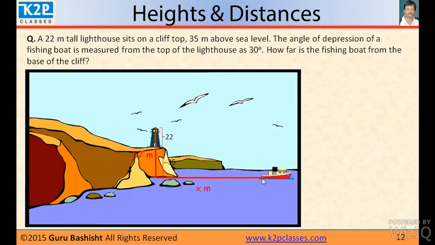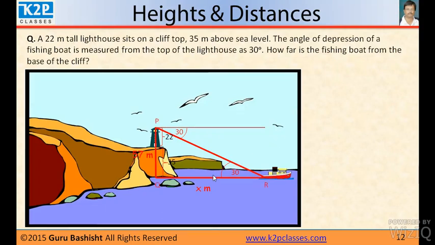Suppose this is x, and the angle of depression is given as 30 degrees. So the angle of elevation will also be 30 degrees because these two lines are parallel.